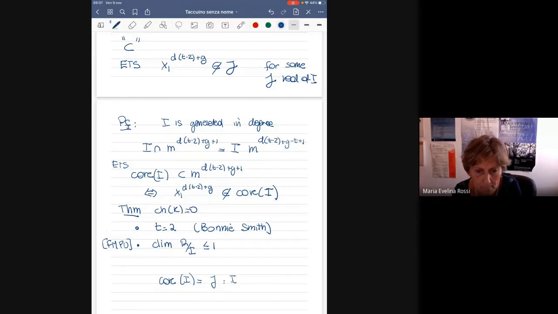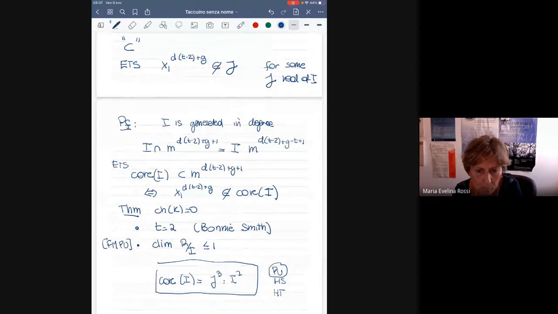It's the formula that was already proved before by Irena Swanson and by Huneke and Swanson. We proved it with condition star, but in the primary case these are always satisfied. So we always know the core is this.